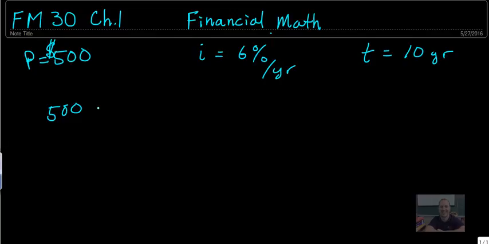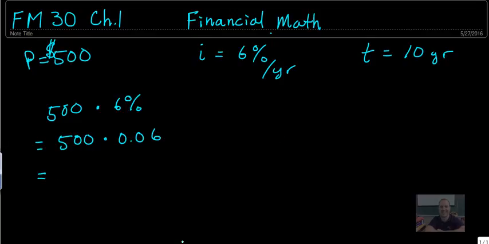$500, and we multiply it by 6%. Now, your calculator may be fancy, and you know how to use it, and you have a little percent button and everything. But I don't like using percent buttons because I never know what they're doing, really. So it's always best to change that percent into a decimal, like this.